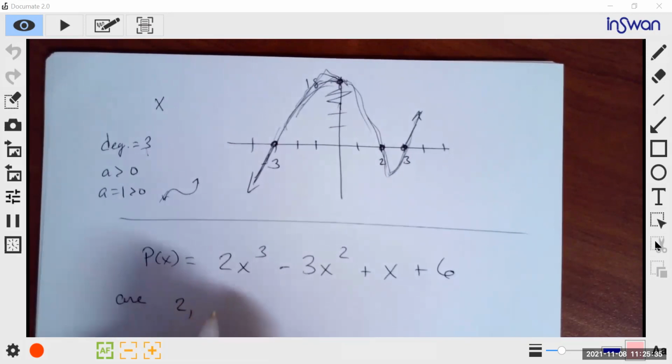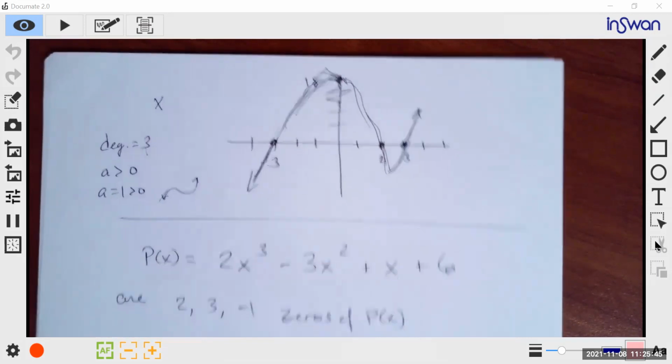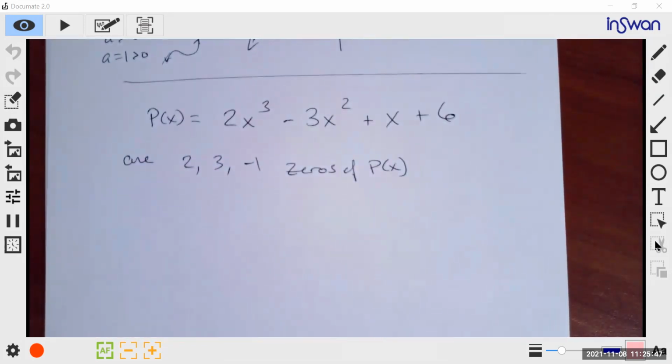Are 2, 3, and -1 zeros of the polynomial? So P of x equals 2x cubed minus 3x squared plus x plus 6. I want you to determine if 2, 3, and -1 are zeros of the polynomial.